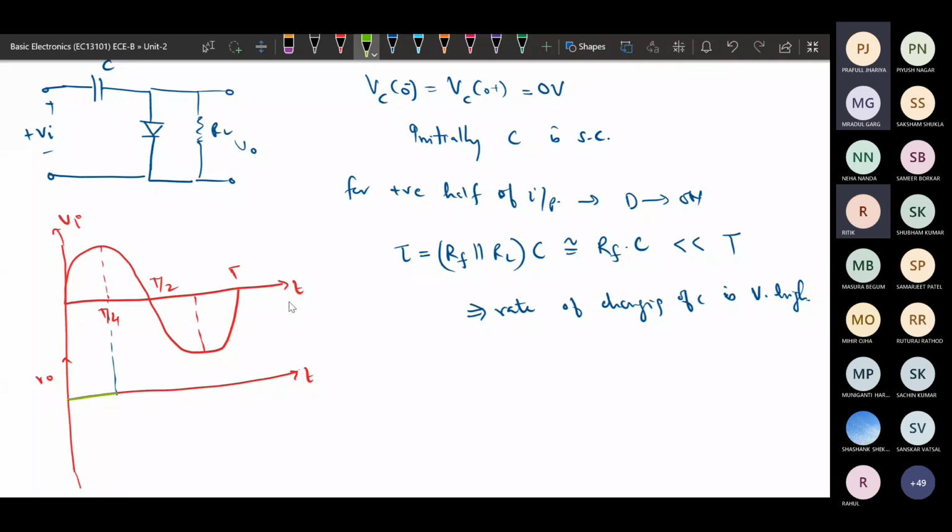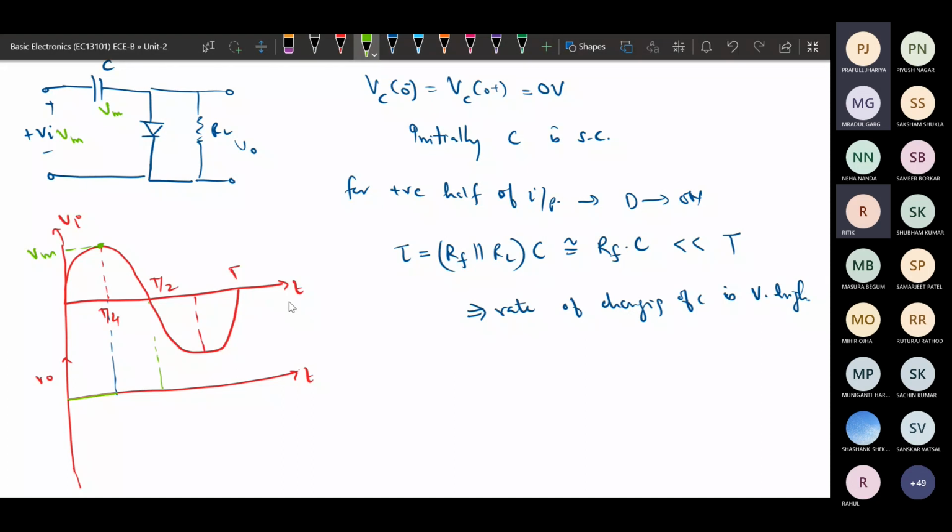The input voltage is now reducing, but we have charged the capacitor to the maximum, Vm. Till this point the diode will be on, and at this point it is maximum, so this is Vm.